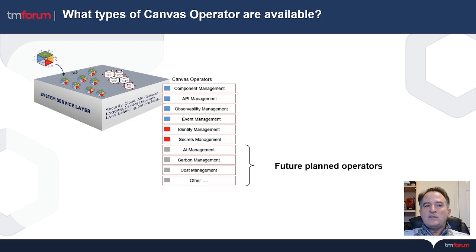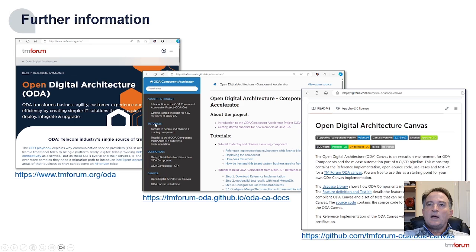We also have other operators planned for things like carbon management to ensure the sustainability of component software, and also for cost management. And as I said at the beginning, this list of types of Canvas operator isn't exhaustive. As the Canvas matures, we expect other operators to become available.